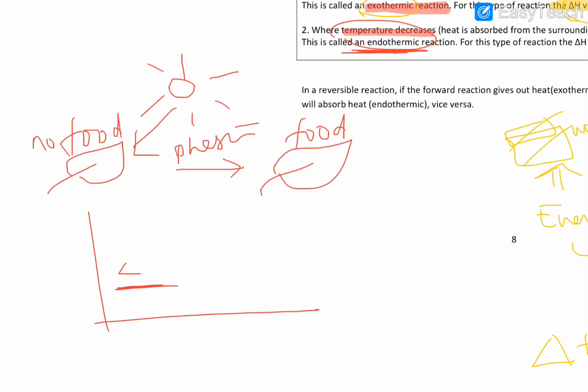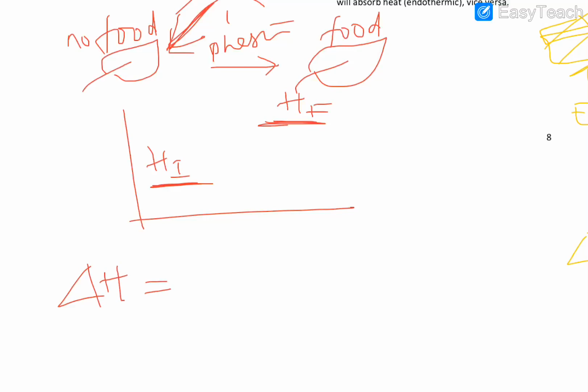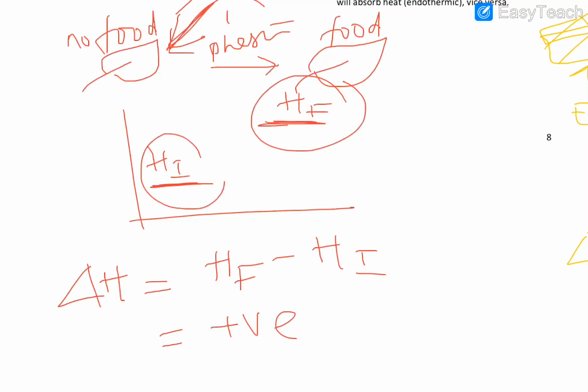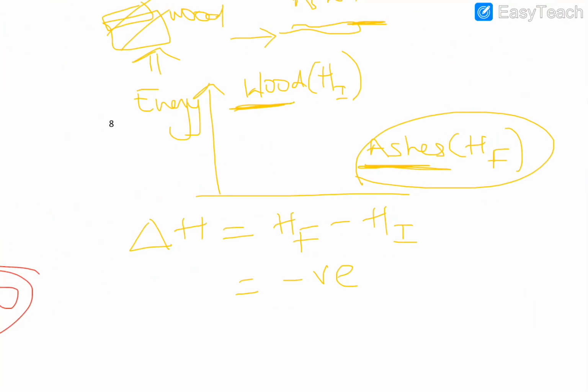So initially H initial, and then at the end there is food, so energy from the sun has been absorbed, so now it has higher energy, H final. The change in energy, delta H, would be H final minus H initial. This is going to be a positive value because H final has a high value compared to H initial. So endothermic is going to be positive and exothermic is going to be negative.